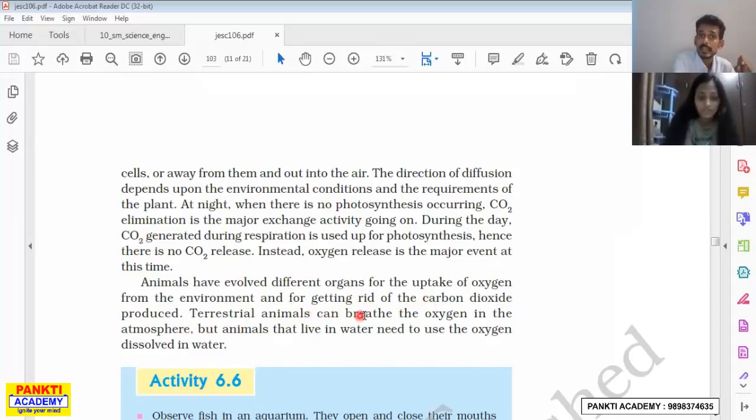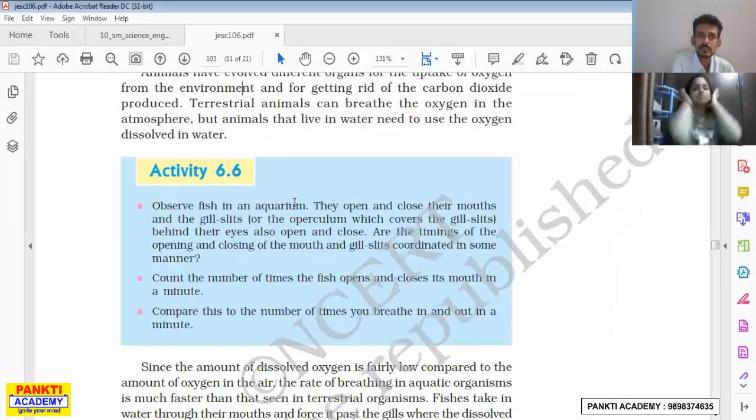Terrestrial animals can breathe the oxygen in the atmosphere, meaning terrestrial animals stay on earth, on soil, and breathe oxygen from the atmosphere, but animals that live in water need to use the oxygen dissolved in water. Meaning fish use the water, which type of water? Water with oxygen dissolved in it; that oxygen they use.